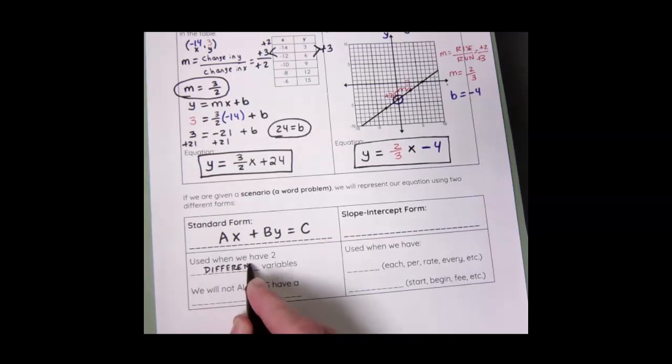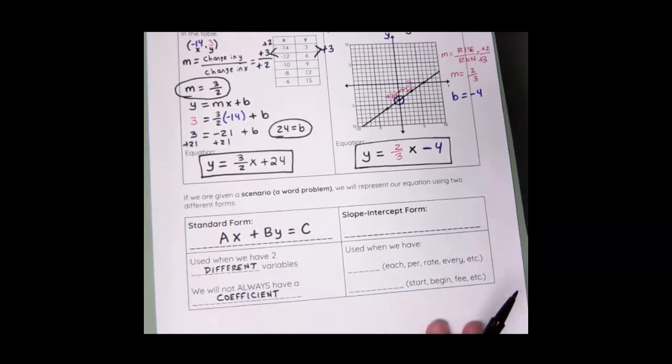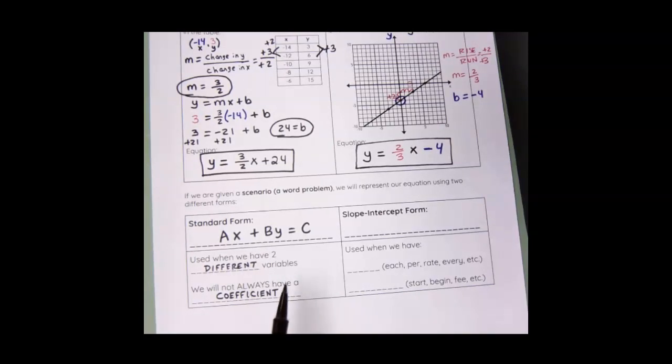We will not always have a coefficient, basically, and we will get to what that means in a second. But basically, if we have two different variables, our equation is going to look like ax plus by equals c. That's the format we're going to take.